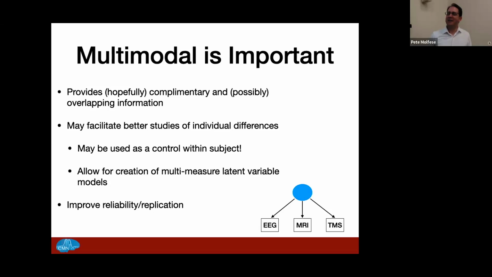And I will say the reason that you sat through this is that multimodal is important. It provides hopefully complementary and overlapping information. In the case that I showed you with the simultaneous EEG, MEG, we get improved source localization, not just because we have a combined set of sensors, but because we have complementary data types coming in.